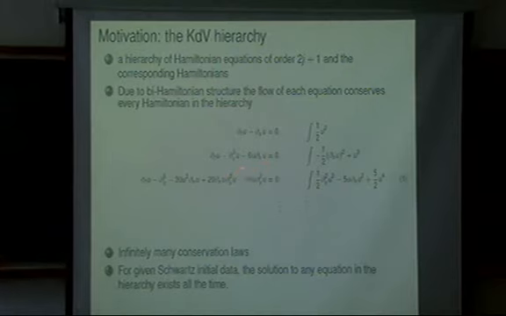By such a structure, one can show that the flow of each equation conserves every quantity on the right hand side, which means, for instance, the KdV equation has infinitely many conservation laws, and the fifth-order equation does the same.